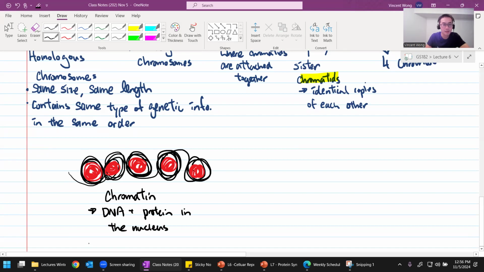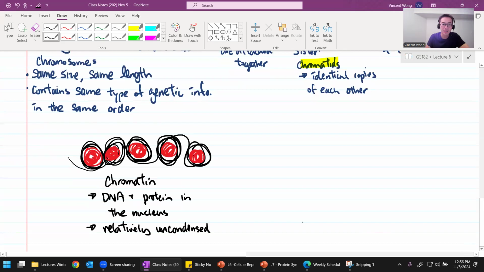It is relatively uncondensed. It's more condensed than naked DNA, but relatively uncondensed compared to a chromosome. It's barely visible under the microscope. You can't really see them.